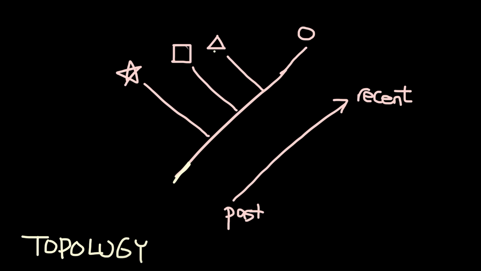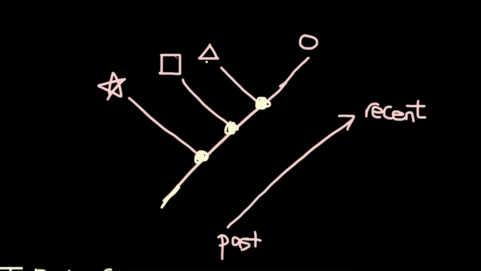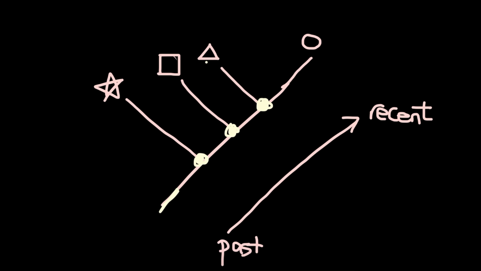So every node here, these are nodes, every node represents a common ancestor. To find out whether the triangle is more related to the circle or the square, you would look at which ancestor is the most recent, and the triangle will be more related to the circle because they have a more recent ancestor.